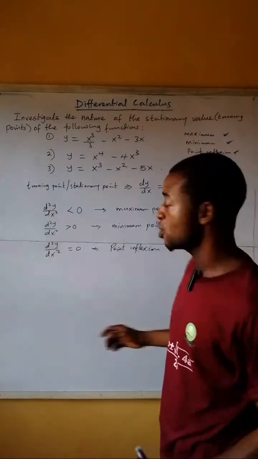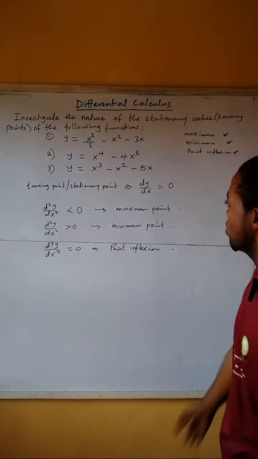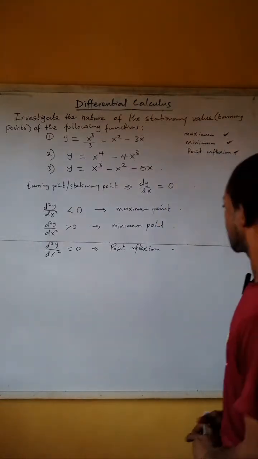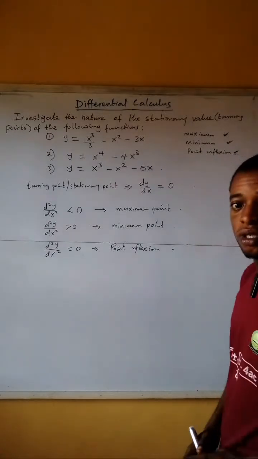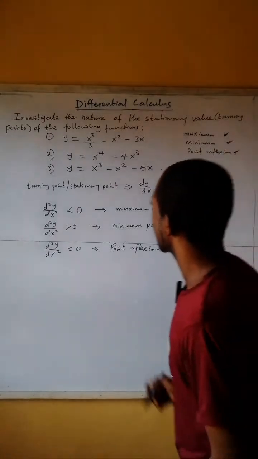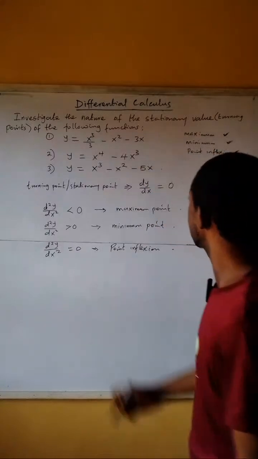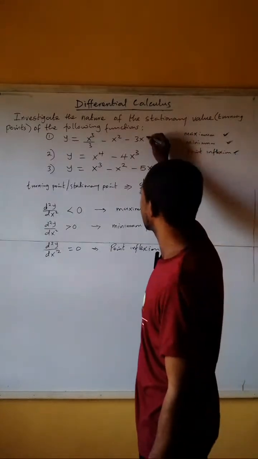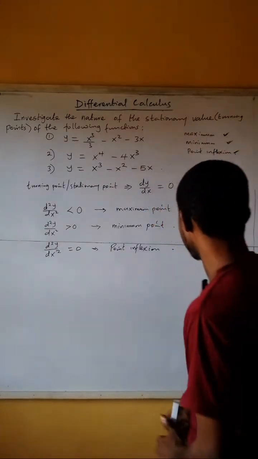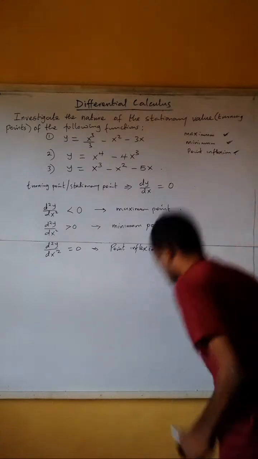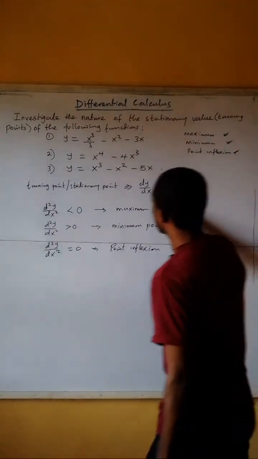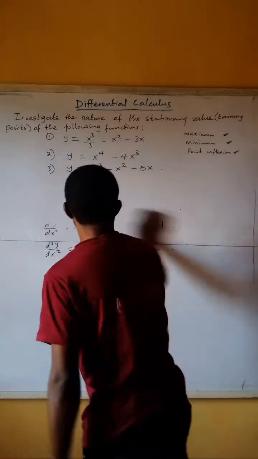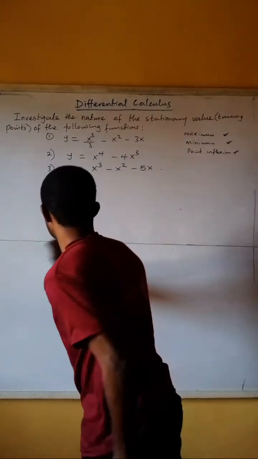Then let's demonstrate this with what we have on the board. That is, for the first question here, investigate the nature of the stationary value or turning point of the following functions. Now, for the first one, we have the solution as follows.